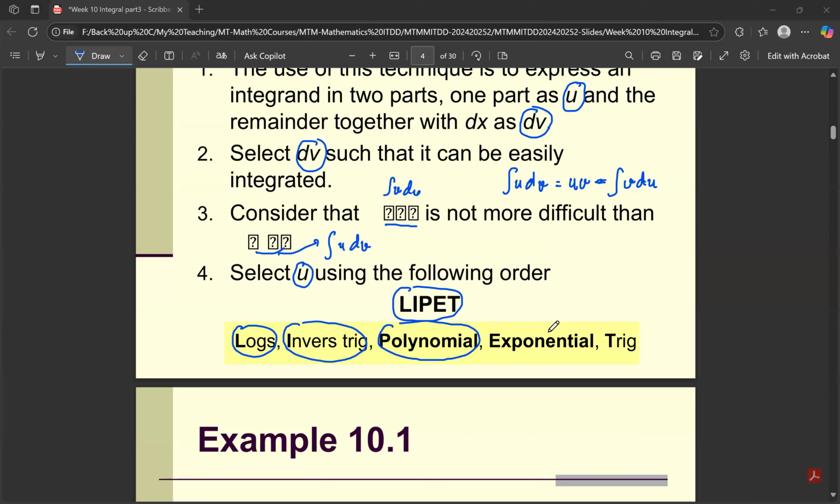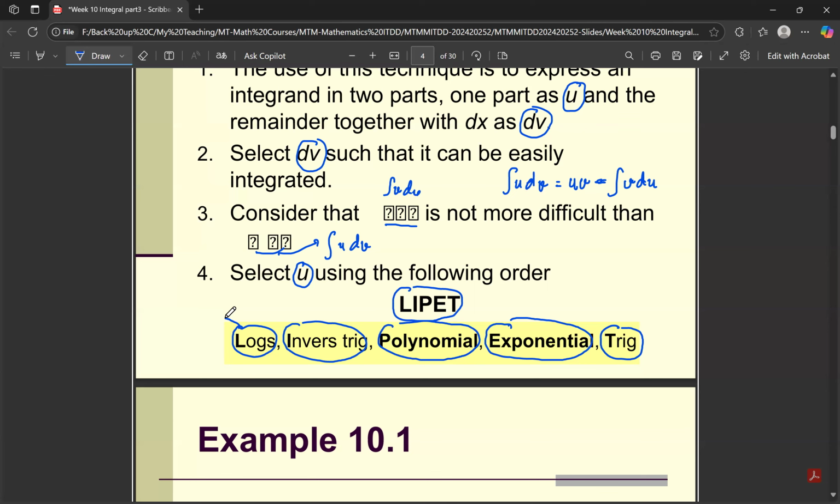If we don't have the three previous, we can choose an exponential as our function u. And last, we can choose u as a trigonometric function.